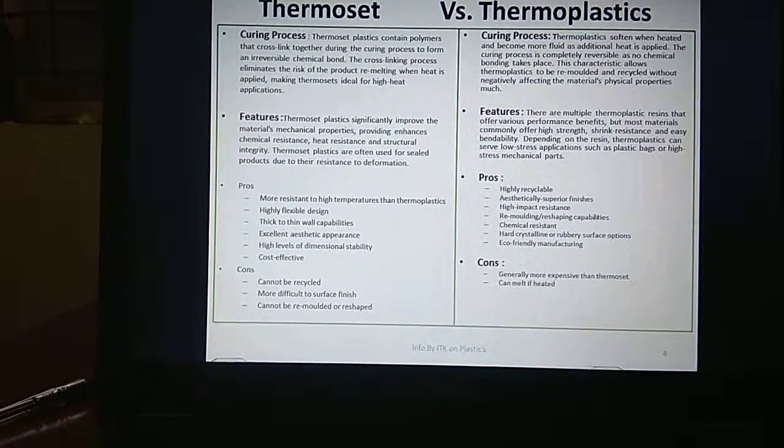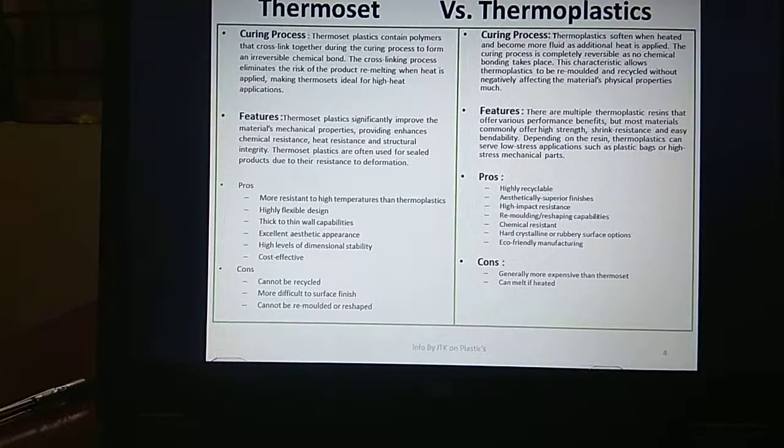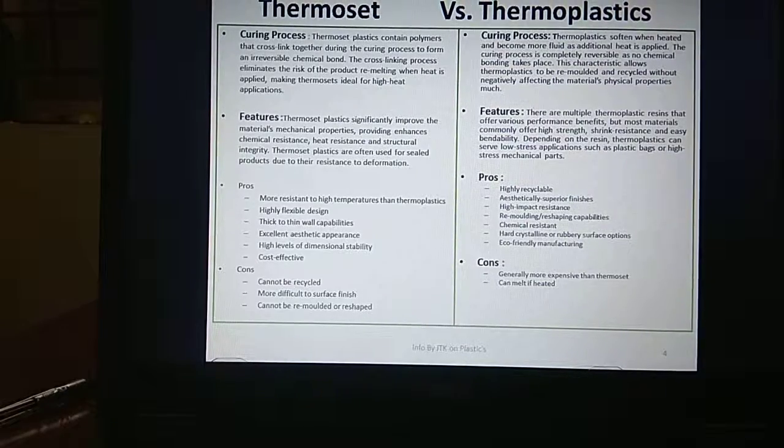Let us compare thermoset plastic with thermoplastic. Let us understand these two different plastics, how they behave in a process, where they are featured, and what advantages and challenges each of them has.